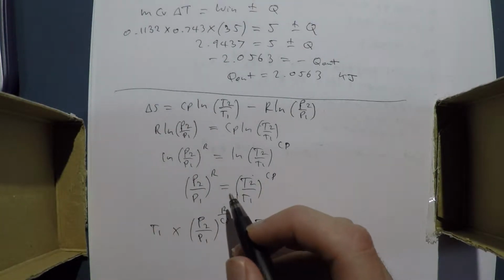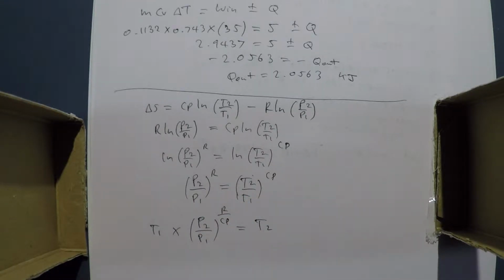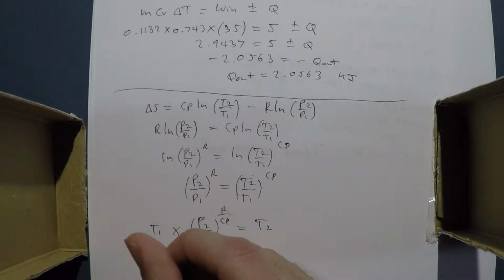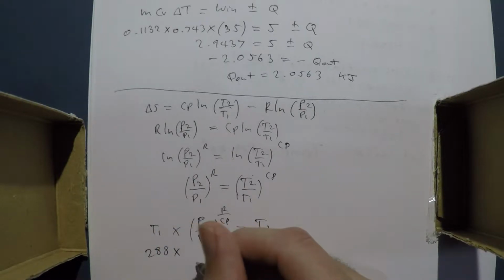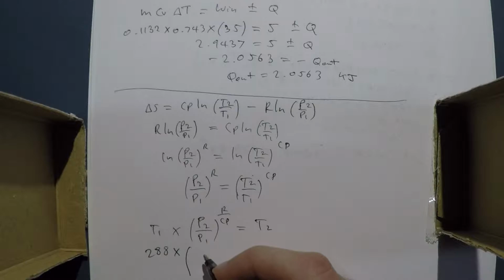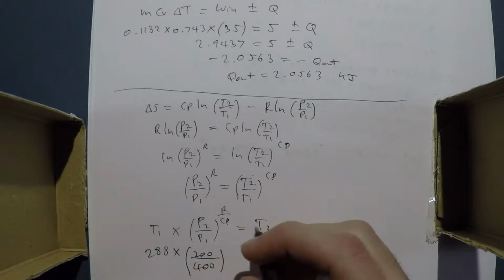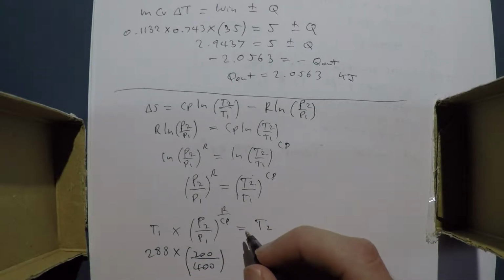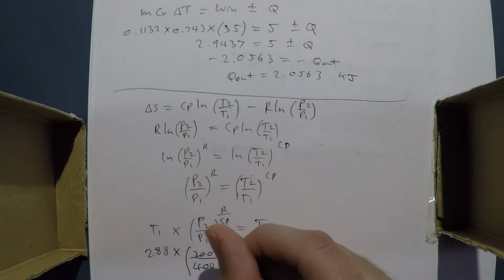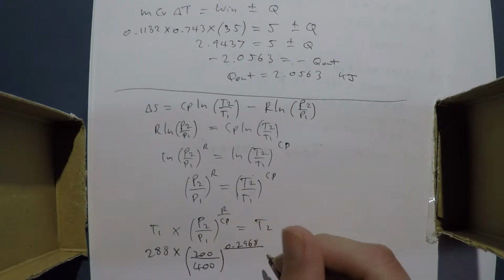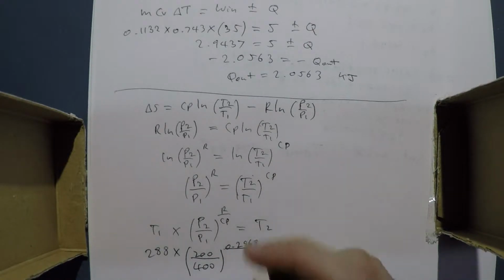Alright, so we know T1 is 15 degrees. So I'm going to put that in Kelvin, so 288, multiplied by P2. We're told P2 is 2 bar, so that's 200 kilopascals over 400, which is 4 bar, the original, and to the power of R, which is 0.2968, over Cp. I'll have to look up Cp, and that is 1.039.